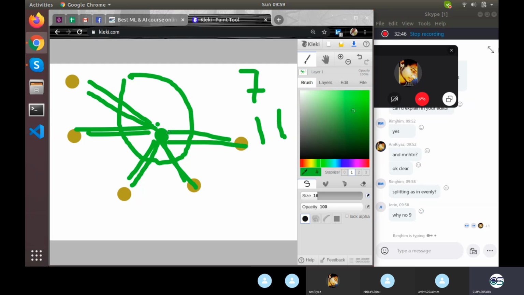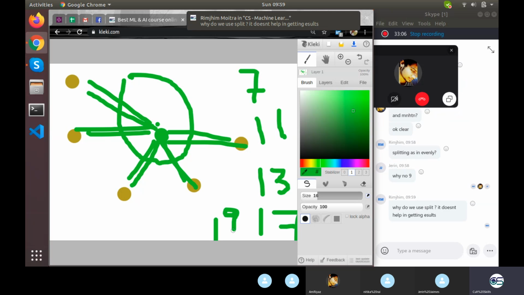We cannot take 12, we can take 13. 15 is again not possible. 17 is possible. 19 is possible. Something like this will keep on going and going.